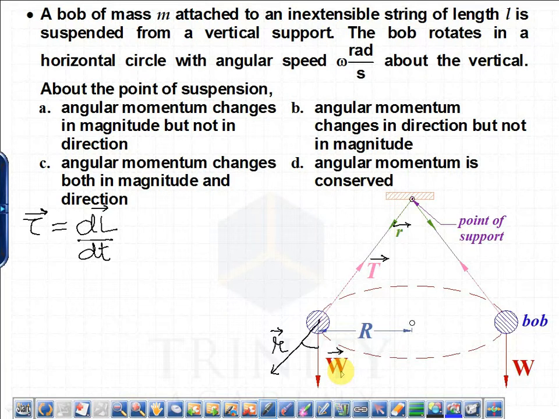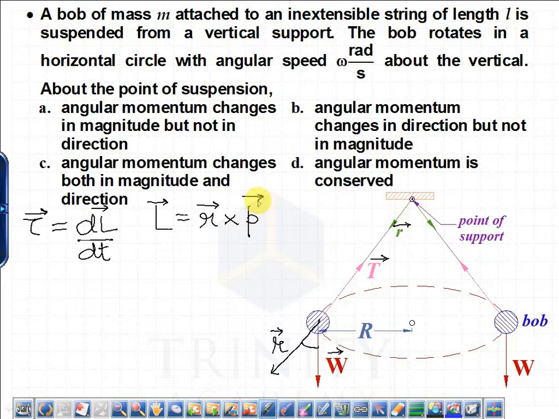Now we need to decide how this angular momentum is going to change. Angular momentum of a particle is given by the expression L equal to vector R cross vector P, where R is the position vector and P is the momentum vector of this particle.